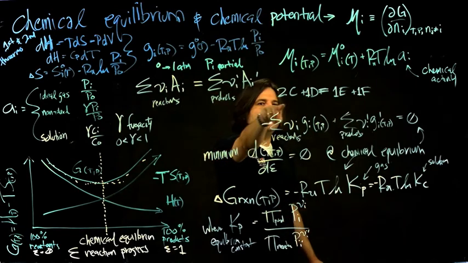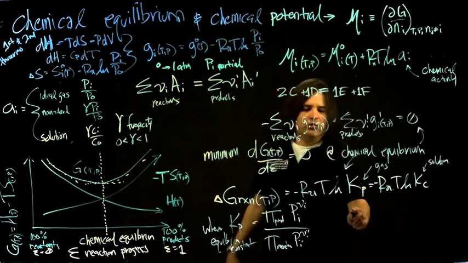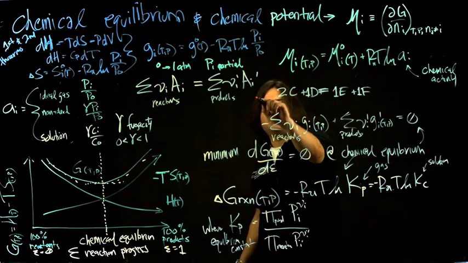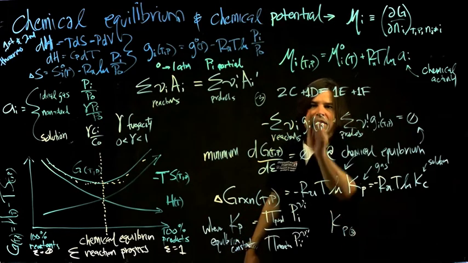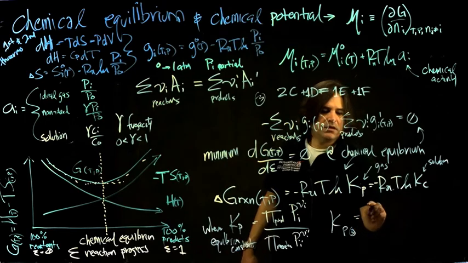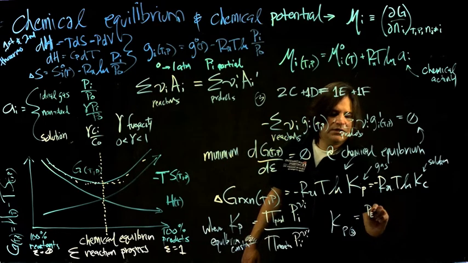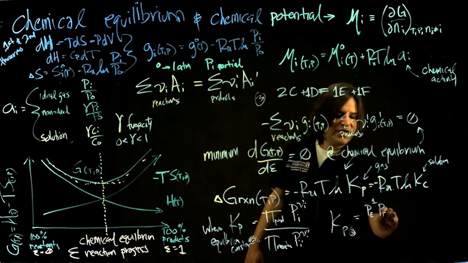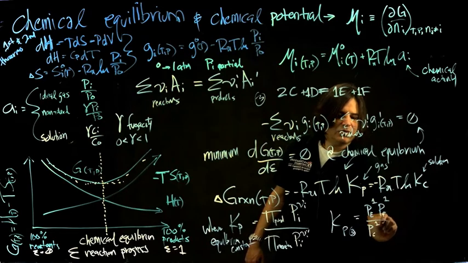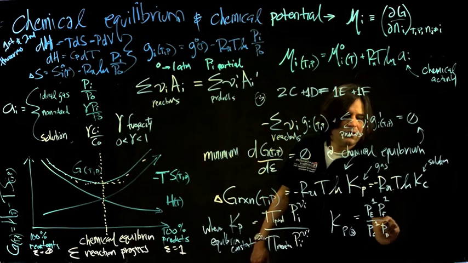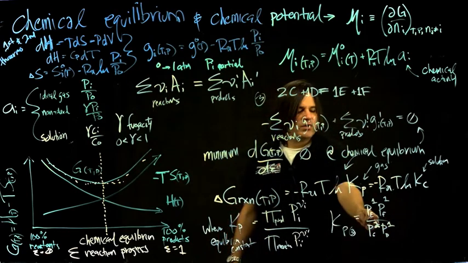So for this reaction here, let's say this is reaction 3, the Kp of reaction 3 is the partial pressure of E raised to the 1 times the partial pressure of F raised to the 1, over the partial pressure of the reactant C raised to the 2, since it has a coefficient of 2.